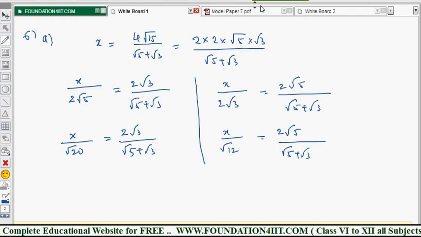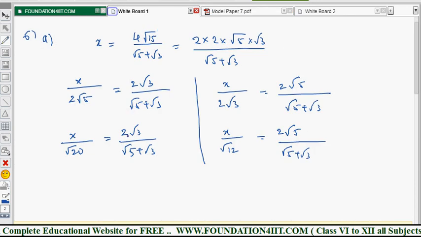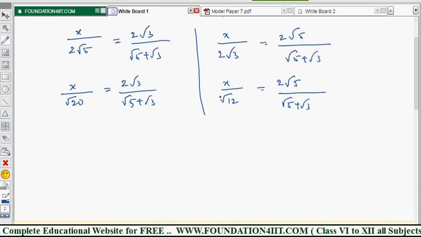Why am I taking this? We need to find x plus root 20 and x plus root 12, which are in the numerator place. We'll apply componendo and dividendo rule for both of them. So for these 1 and 2, applying componendo and dividendo rule, that is numerator plus denominator by numerator minus denominator.